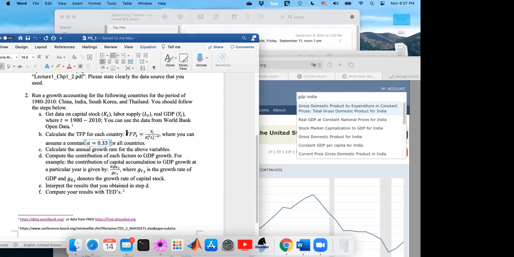And then you can calculate this number. No question for that, right? Okay. Now C, calculate growth rate for the above variables. Now you have K, L, GDP, TFP, and you can use Excel to easily calculate the growth, right?